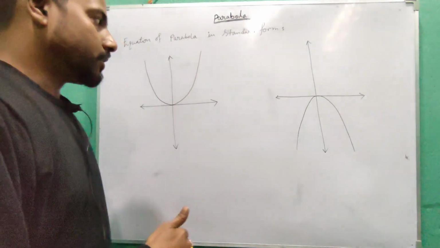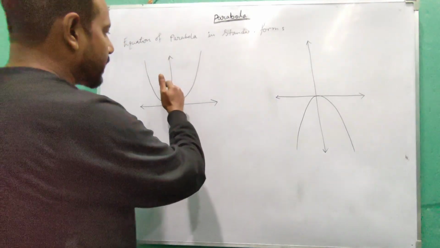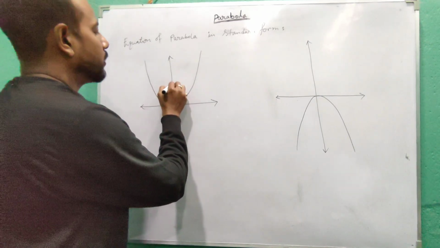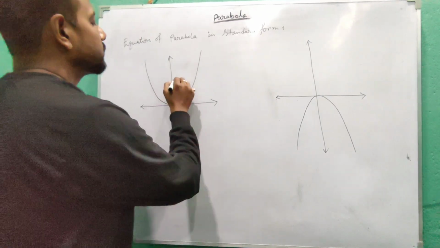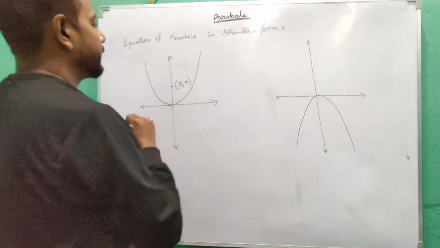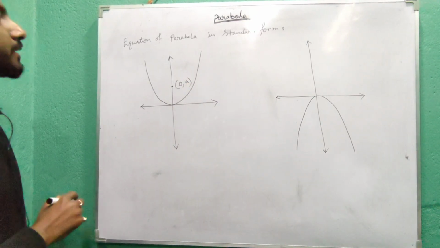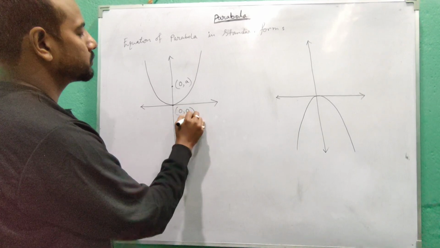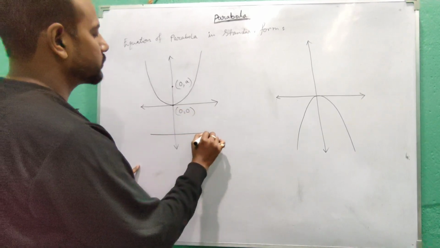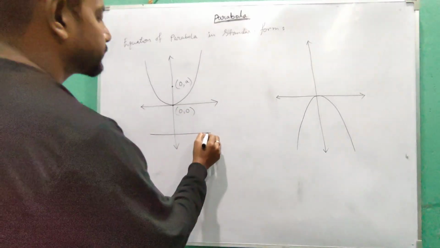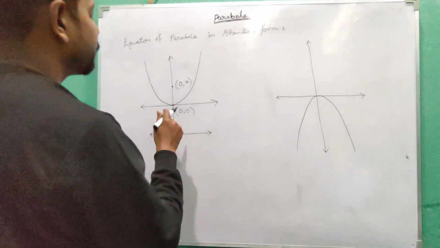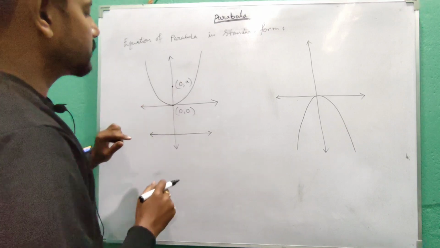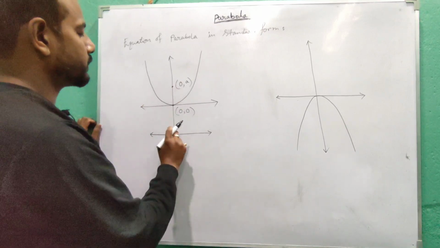Now, if the axis of the parabola is the positive y-axis, then the focus will be at 0 comma a, and the vertex is 0, 0. The equation of the directrix, this line, is at equal distance from the vertex as the focus.